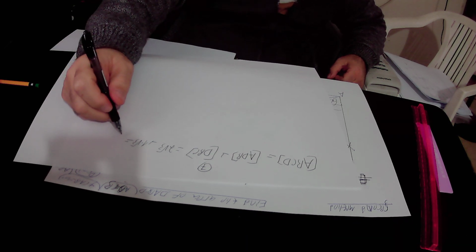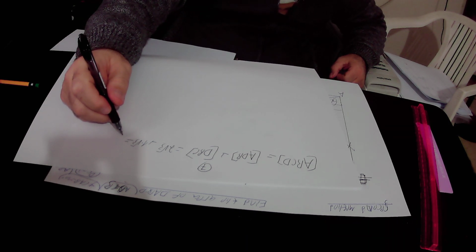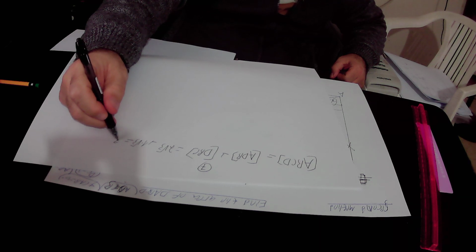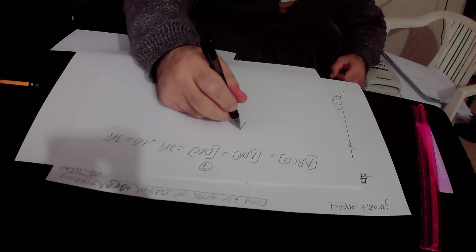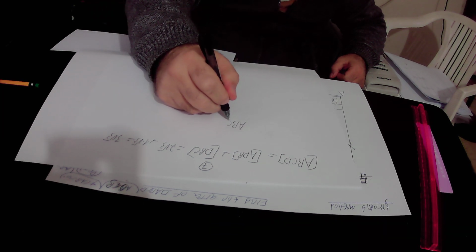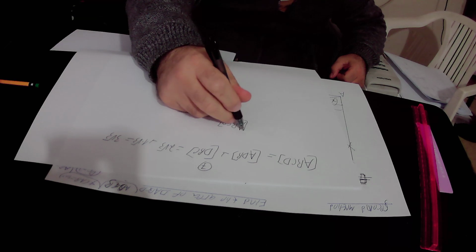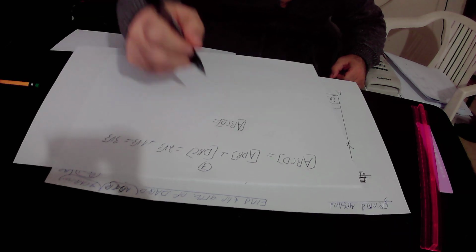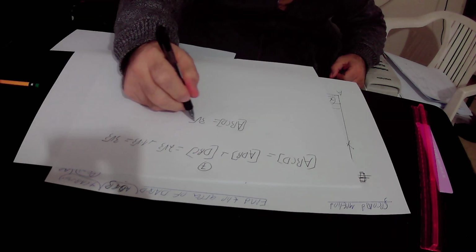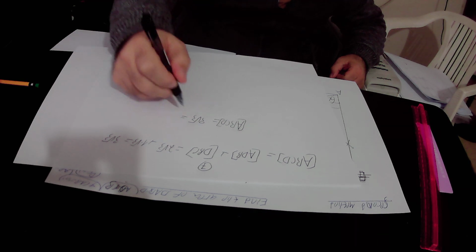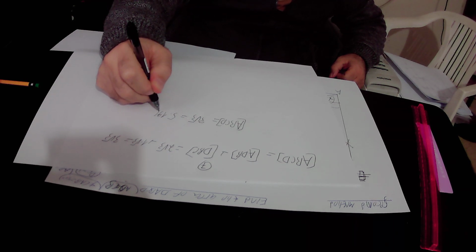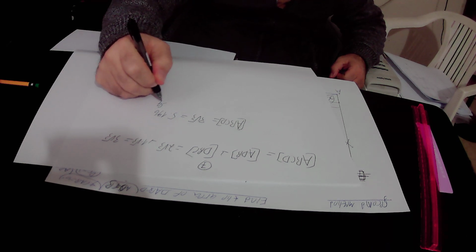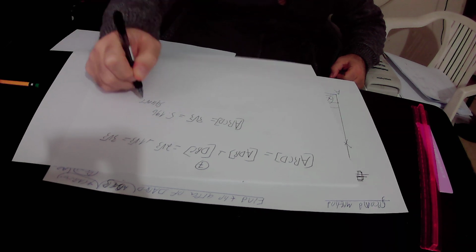So 2 times square root of 3 units plus 1 times square root of 3 units is 3 times square root of 3 units. So we found out that the area of quadrilateral ABCD equals 3 times square root of 3 square units, or in terms of numbers, it equals 5.196 square units.